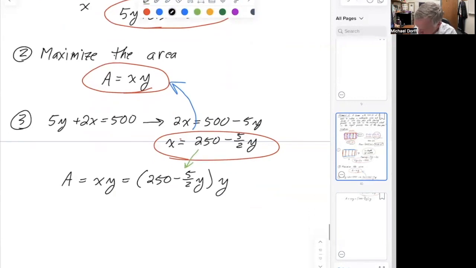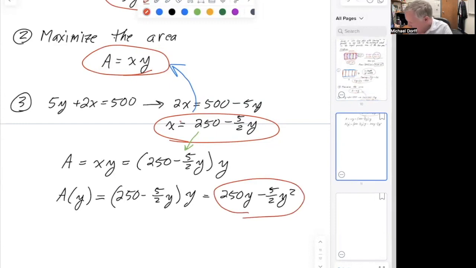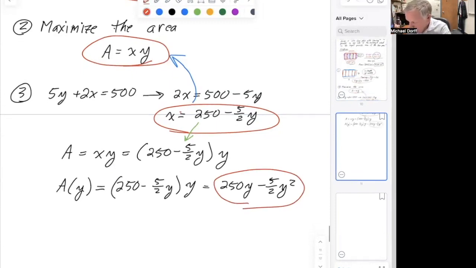Now my function is in terms of the variable Y, and I have 250 minus 5/2 Y all times Y, which I can write as 250Y minus 5/2 Y squared. So there's my function for area, and it's in terms of 1 variable, which is what we want.